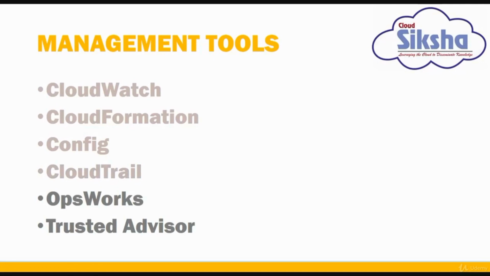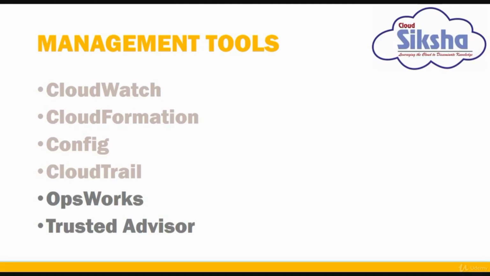The next management tool here is AWS OpsWorks. All of you would have heard about the configuration management tool called Chef. OpsWorks is a configuration management service which uses Chef, and this is used to automate the platform, and this treats configuration as code.